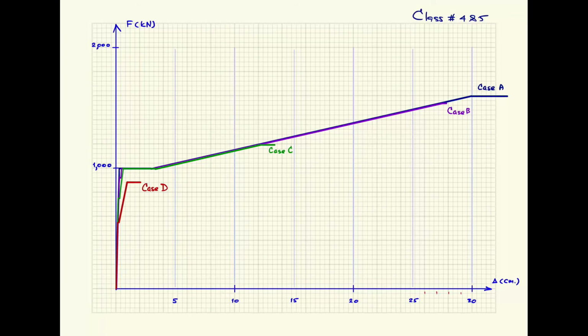Now talk about case A. Case A, you don't have the reduced area. You have full area for this case only. The only limit state is yielding of the cross section.